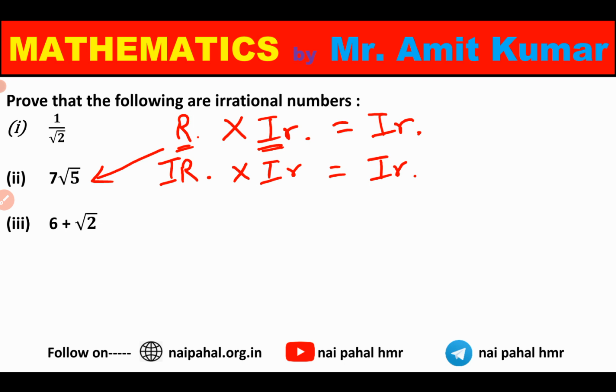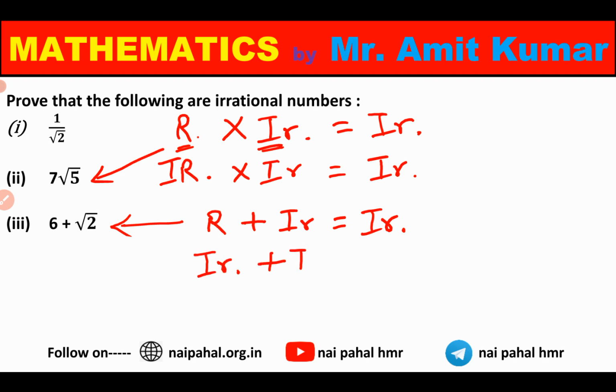And for the third part, a rational number plus an irrational number is an irrational number. And the second fact for this is irrational number plus irrational number, the answer will be an irrational number. So if you know these facts, then you can prove these numbers are irrational.